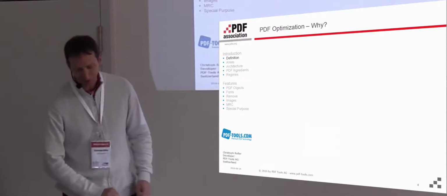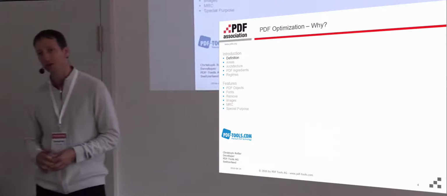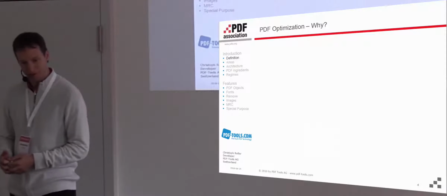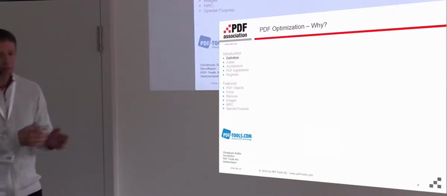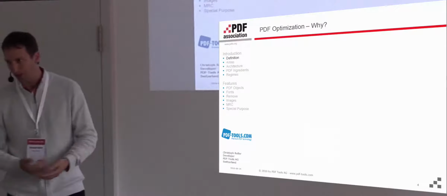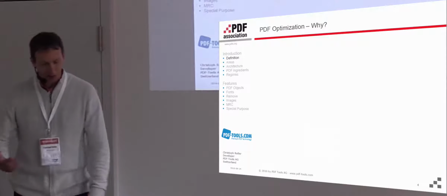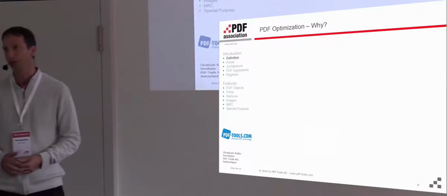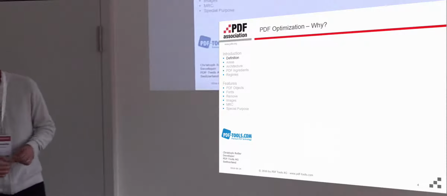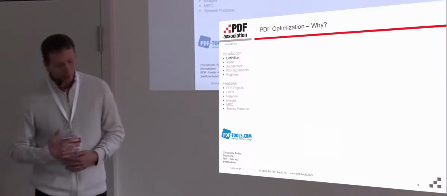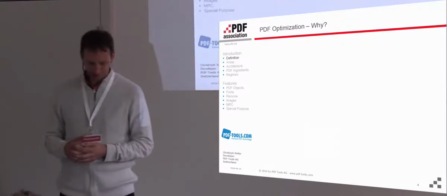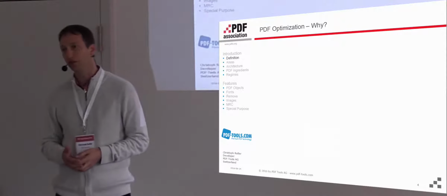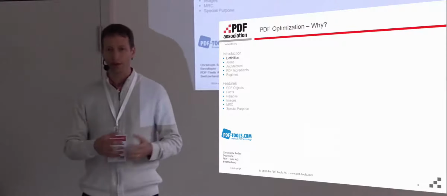So, optimization, why would I want to change my PDF? I have a PDF, it's a perfectly valid PDF. Where does the need come from to change anything in that PDF? From my perspective, I have found two very different reasons or two very different views on that.